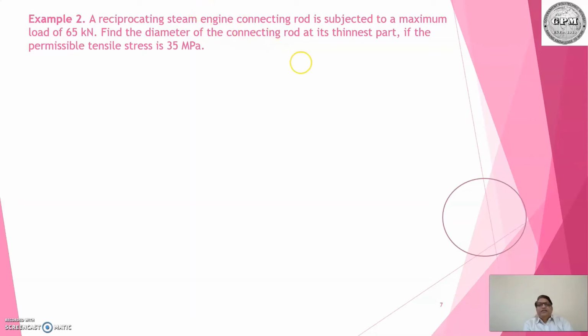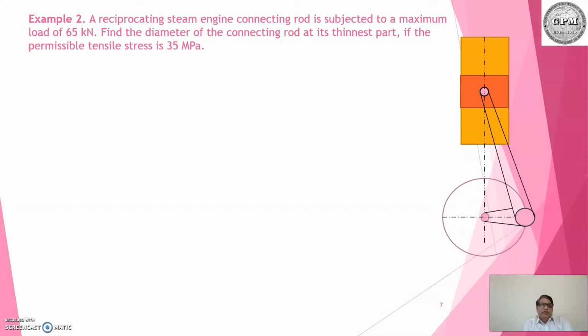Actually, if you take a connecting rod, you will get the bigger end at the crank side, and the smaller end at the piston side. So the area is gradually increasing. I will show those things here. Let us say this is a cylinder and this is a piston.